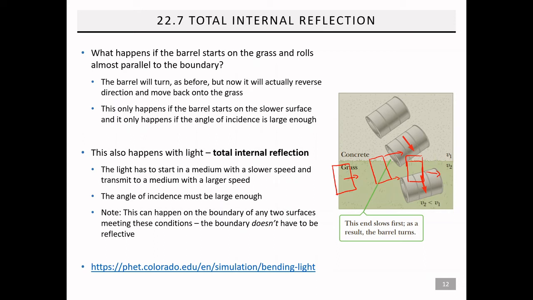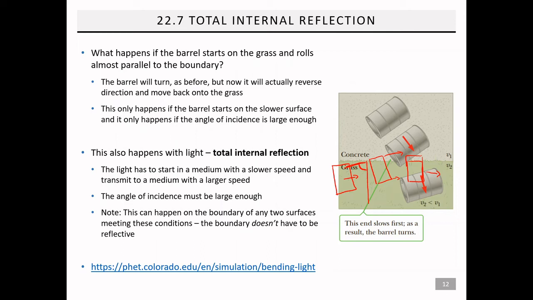The first is that light has to start in a slower medium and transmit into a faster medium. And the second is that the angle of incidence must be large enough. So in this case, the angle of incidence would be the angle between the vertical and the direction of the barrel. So this angle right here has to be large enough for it to occur.